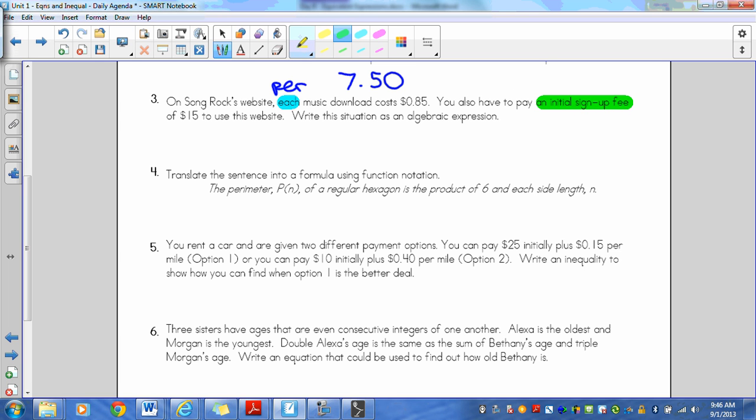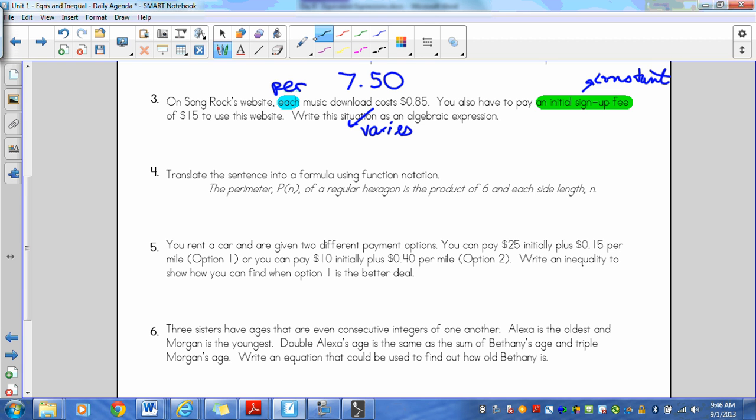Okay, so if I think about this, the thing that's changing is the music download. So this varies. So I'm going to use a variable for that one. This is constant. You pay it once. One-time initial sign-up fee of $15.